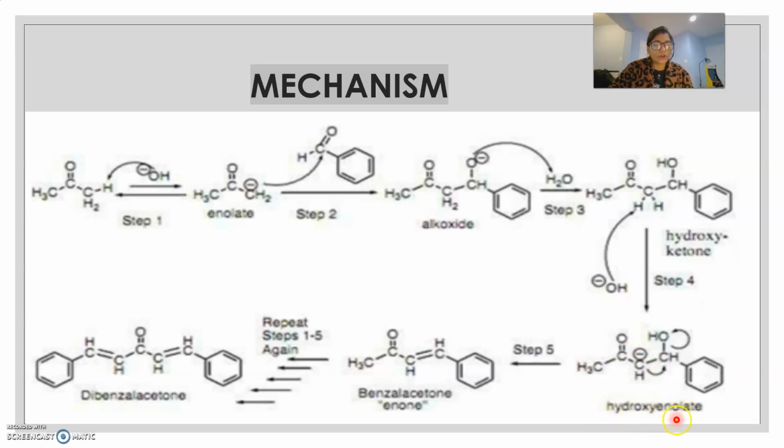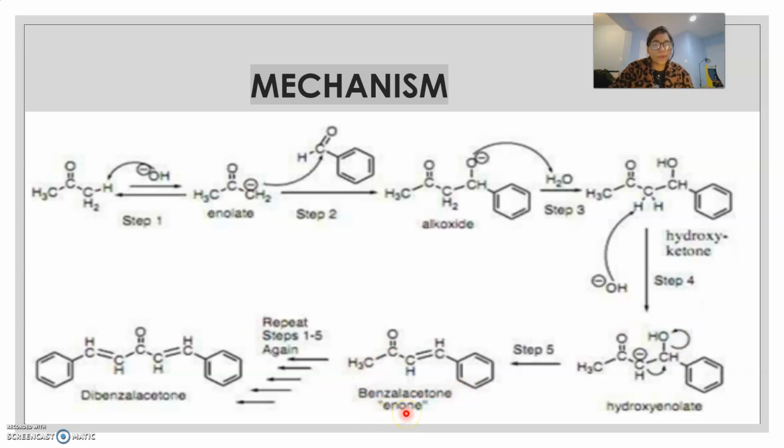Now in this ion, the OH will be removed because it is unstable. The removal of the OH will take place to form a stable compound. And then after the removal of the OH, the double bond will form. So the benzylideneacetone enone will be formed.